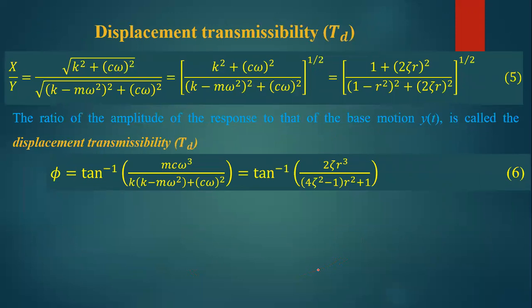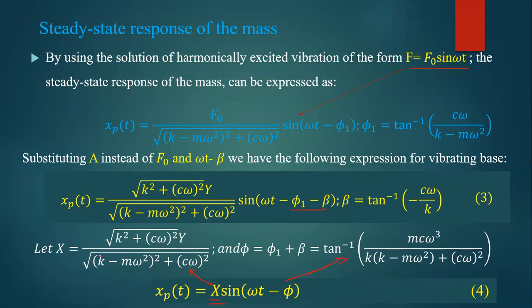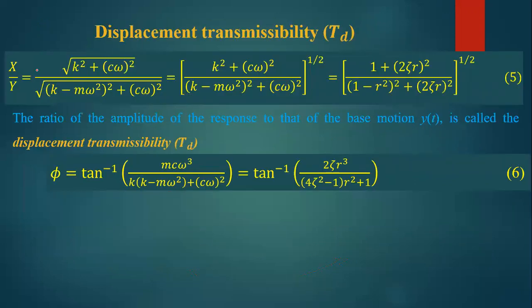Now the displacement transmissibility will come here, because we have here x equals some amplitude constant times y. So x over y here represents the displacement transmissibility.